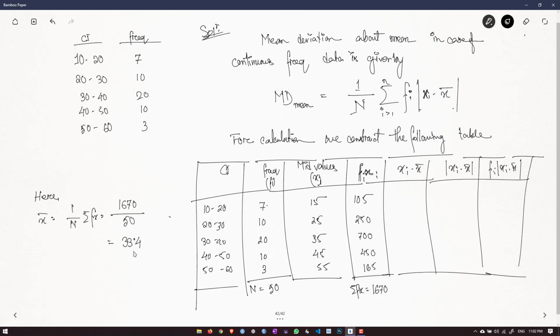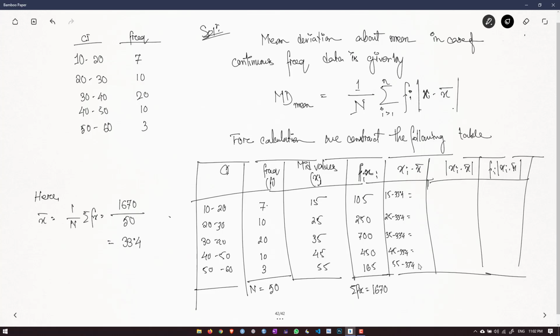So this is the value of your arithmetic mean. Now we are to subtract this 33.4 from all this value of x. That means we need to find out 15 minus 33.4, 25 minus 33.4, 35 minus 33.4, 45 minus 33.4, and 55 minus 33.4.